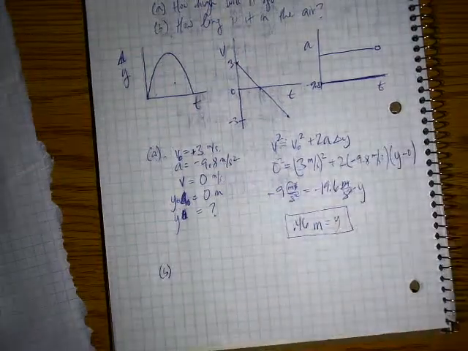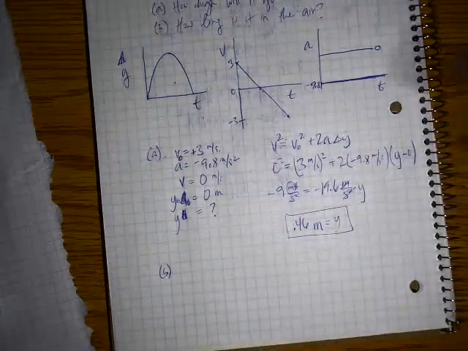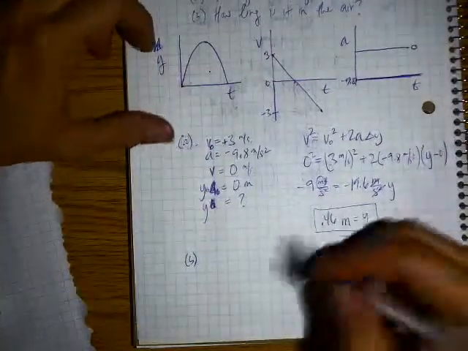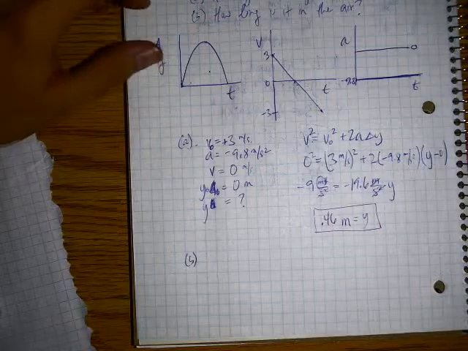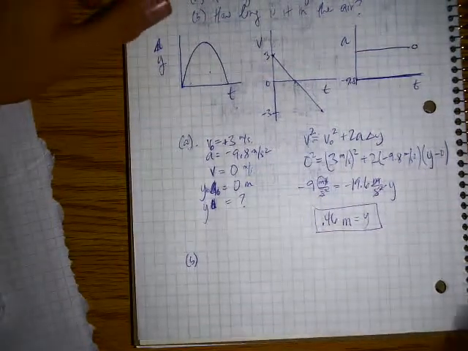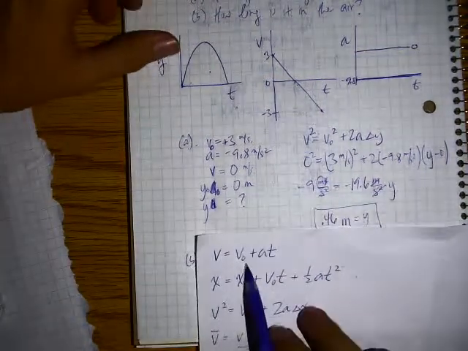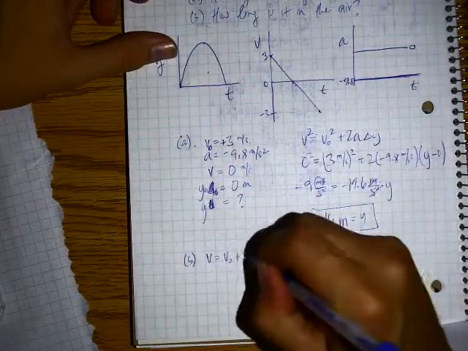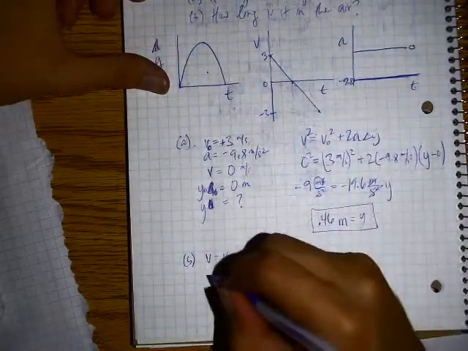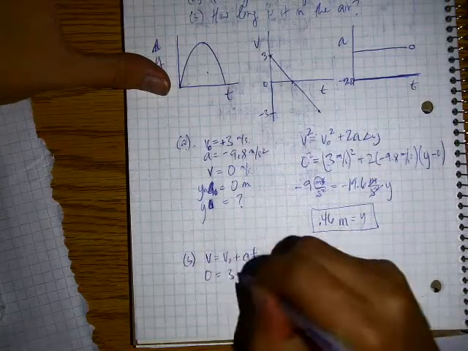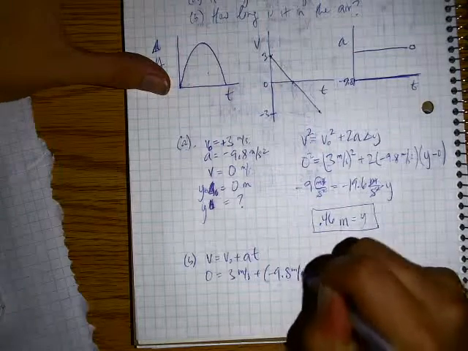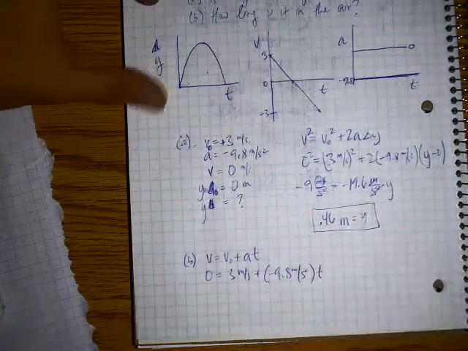For part B, we can find the time that it took to get to the top. We can do that a few different ways. The easiest way is to use just the very first equation here. All right, so the final velocity is the initial velocity plus acceleration times time. 0 equals 3 meters per second plus acceleration times time.